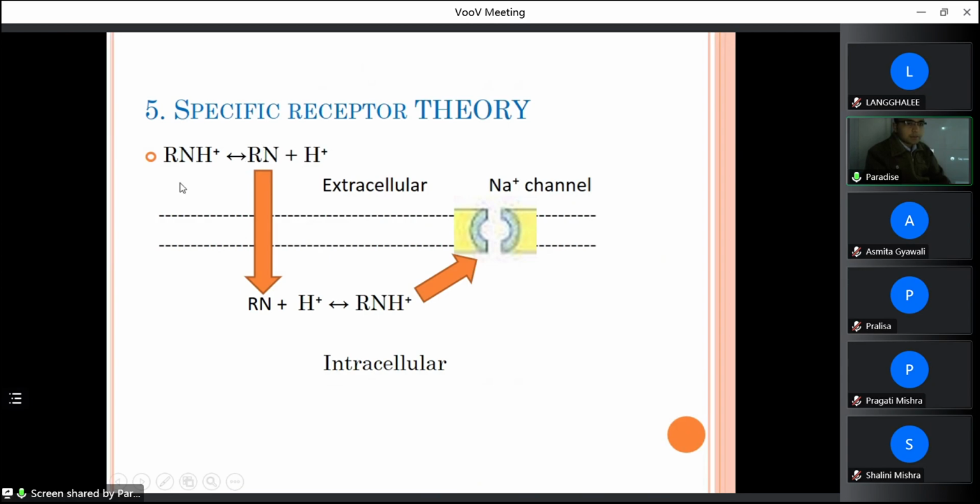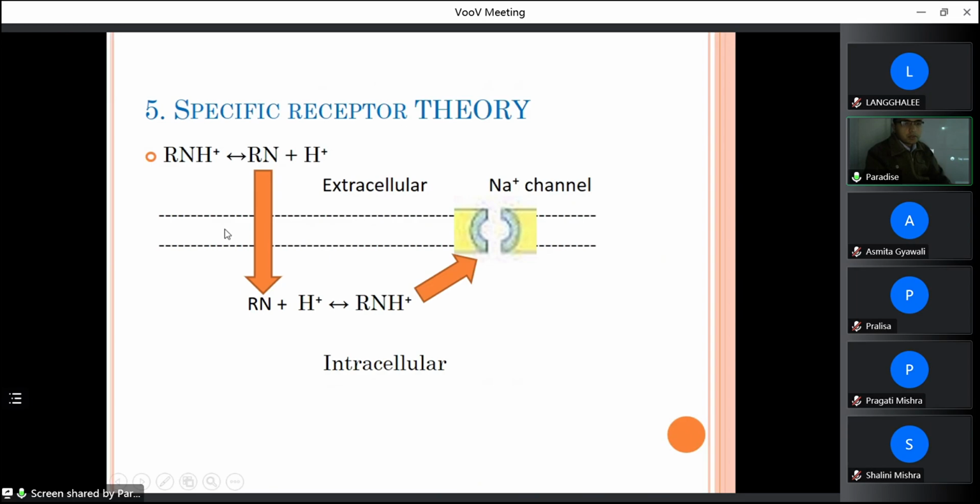The reversible reaction means if the concentration of reactant is high, then it will proceed to the forward reaction. If the concentration of product is high, it will again favor the reverse reaction. So they are in equilibrium state. Now what happens? Once the local anesthesia is deposited near the nerve cells, it will dissociate into RN and H+.